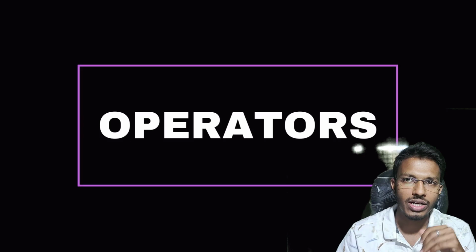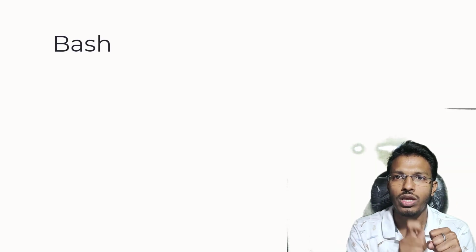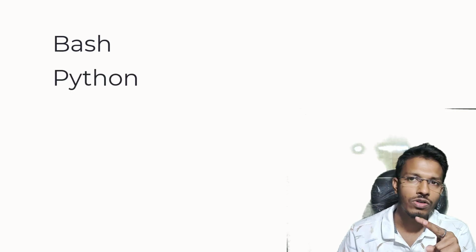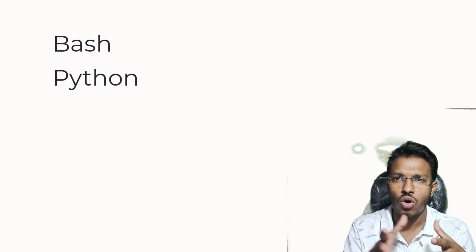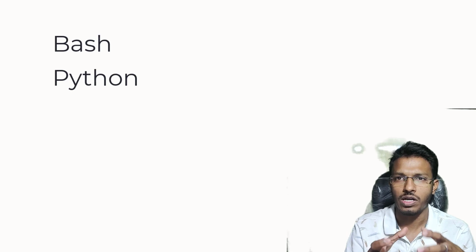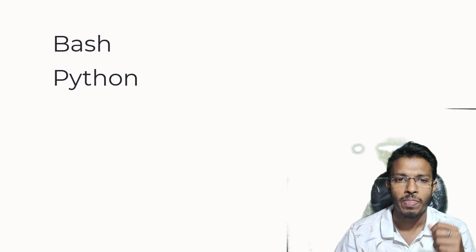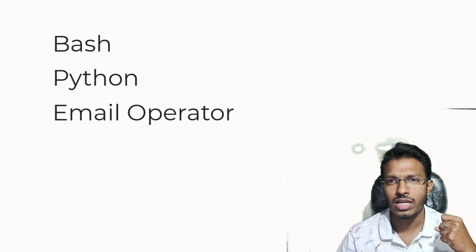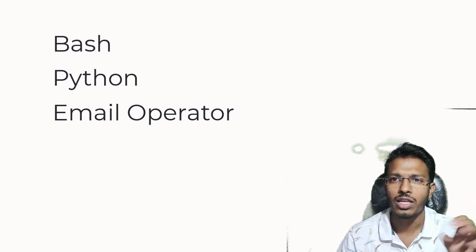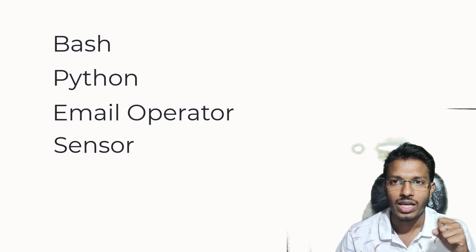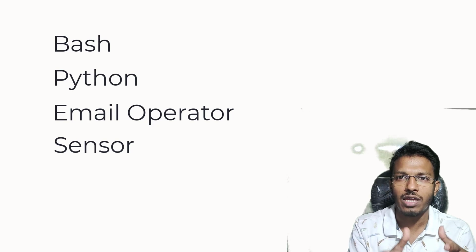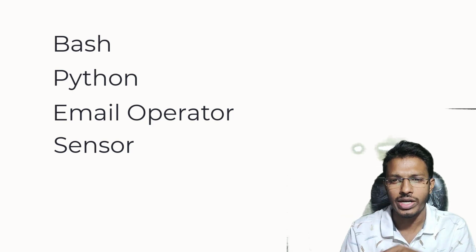There are various operators. Let's see them one by one. The first one is the Bash operator. It executes a bash command. The second one is the Python operator. It calls an arbitrary Python function whenever required. The Email operator sends an email. Let's say loading is done, you send an email. The Sensor waits for a certain time, or for files or a database.